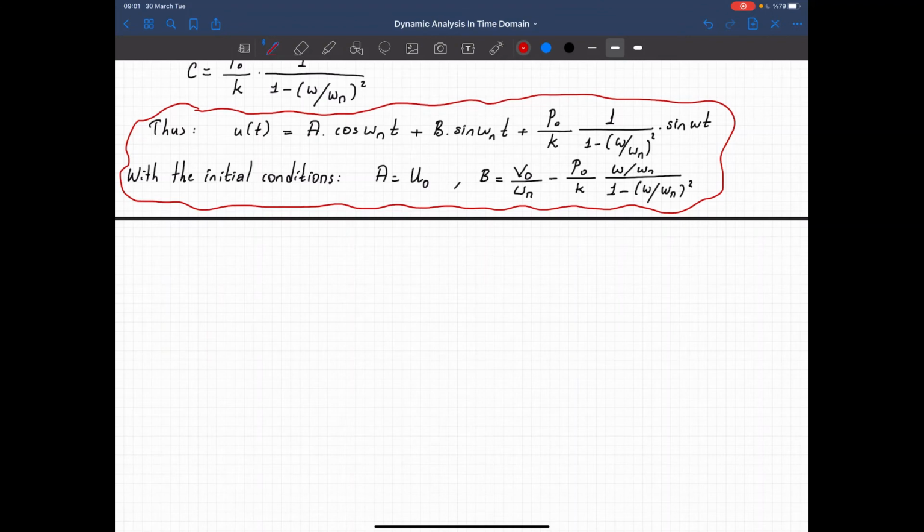And our final case will be damped vibration under harmonic loading.